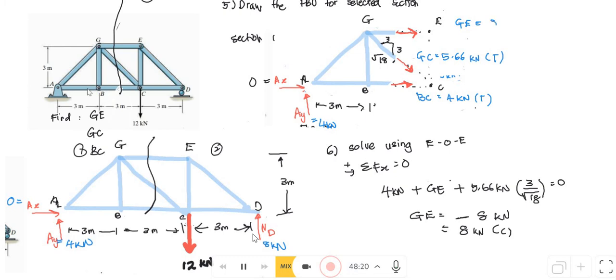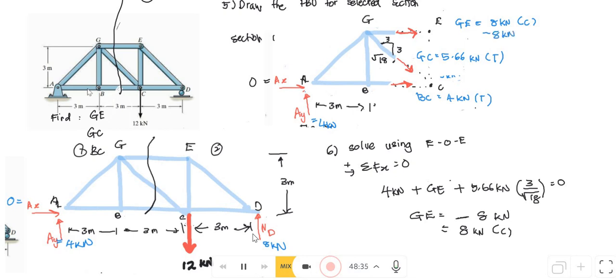So you can write that it is 8 kilonewton, compression. Or you can also write like this as a reminder for you.